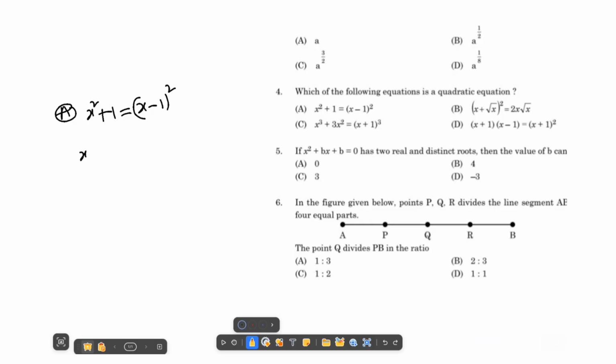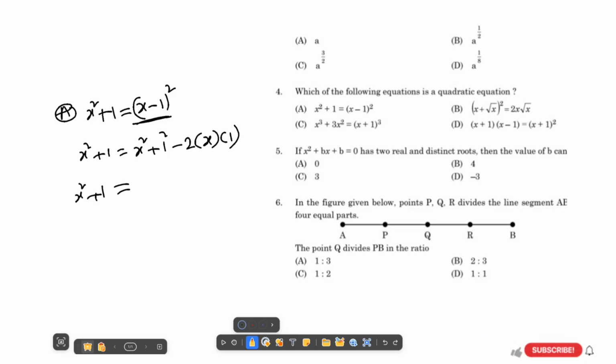Here apply the a minus b whole square formula: a square plus b square minus 2ab, minus 2 into x into 1. Now it is equal to x square plus 1 square is 1, here minus 2 into x into 1, so it is minus 2x.